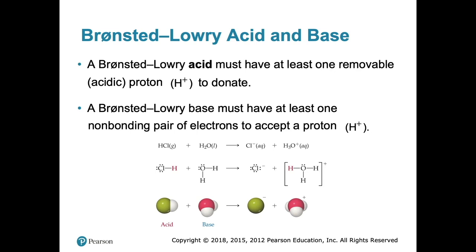That's the rule of charge conservation. It's neutral over here, and it's also neutral over here because one's negative and one's positive. And just so everybody's clear, it's actually the hydronium ion that makes something acidic.